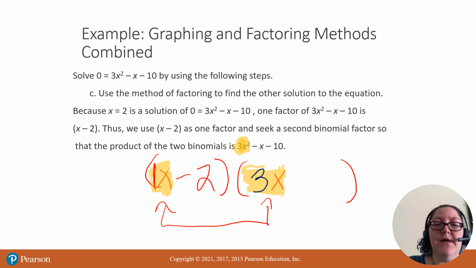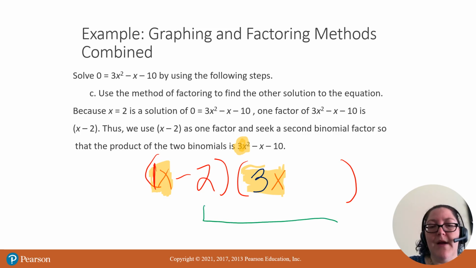Now the other thing that we can work out, again working backwards, is that this number and this number, when they multiply, happen to equal this one. It's guaranteed every time. The FOIL method is first, outer, inner, last.